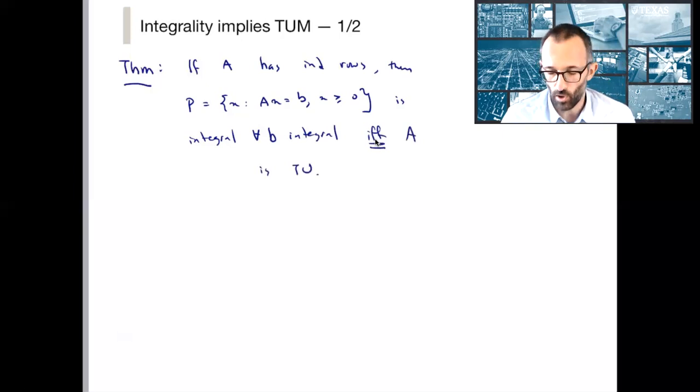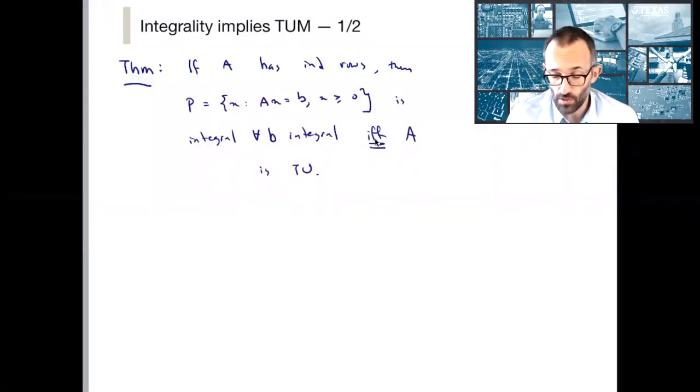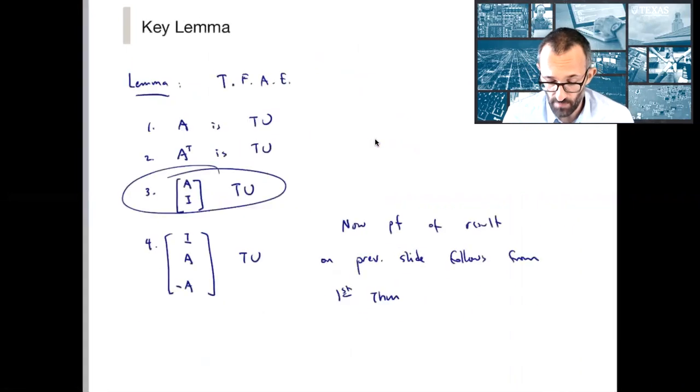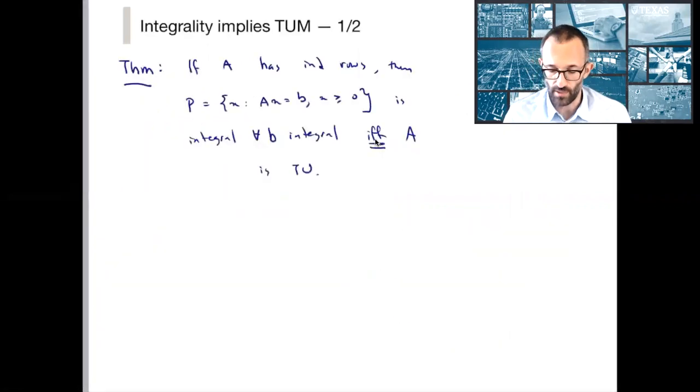So we already proved one direction, that if A is totally unimodular, then this is integral. That follows directly from this lemma. That was essentially the second result that we stated.